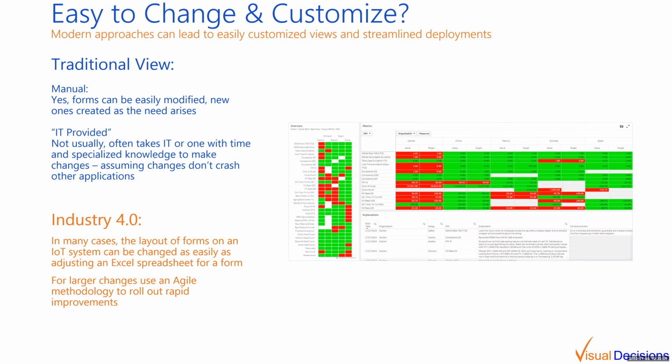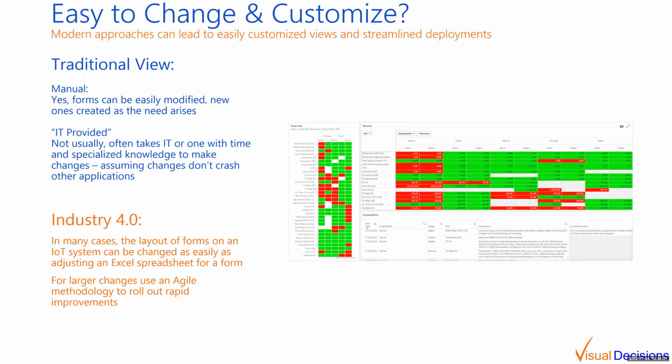If you want a different measurement on that whiteboard, or if you want to change from hourly data gathering to every half hour, you just change the whiteboard, or just put a new whiteboard out there and put the new text on there and so forth. With IT provided, it was going to IT and asking for a change to that report coming off of the ERP system, and again, it could be 6 months before they would deliver that.